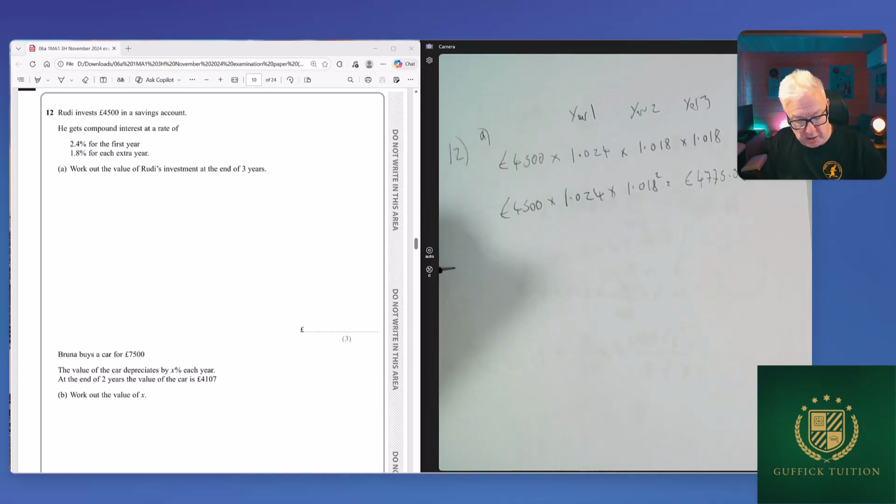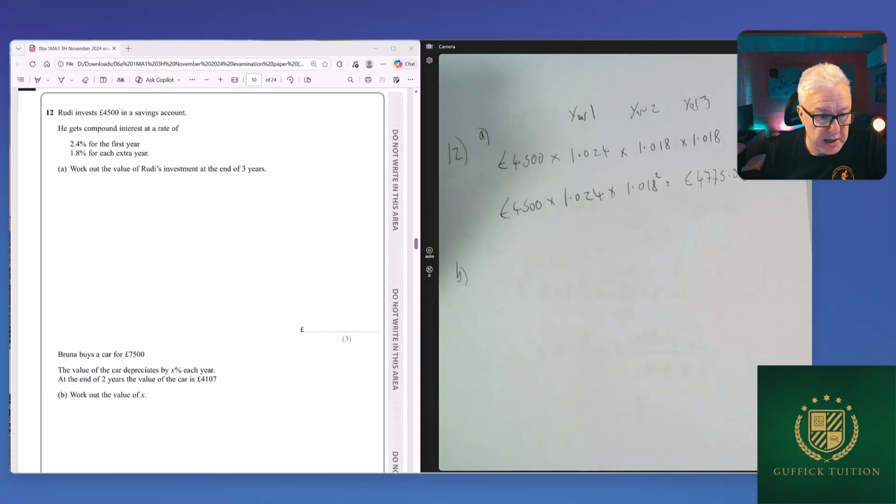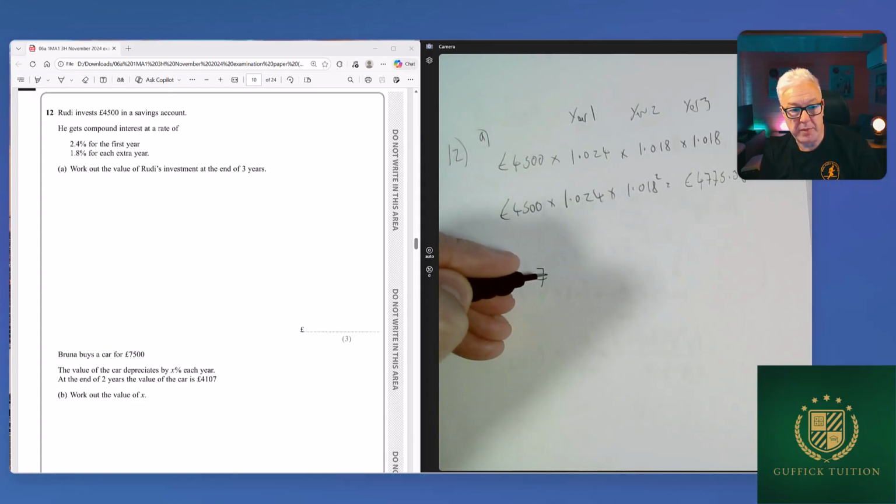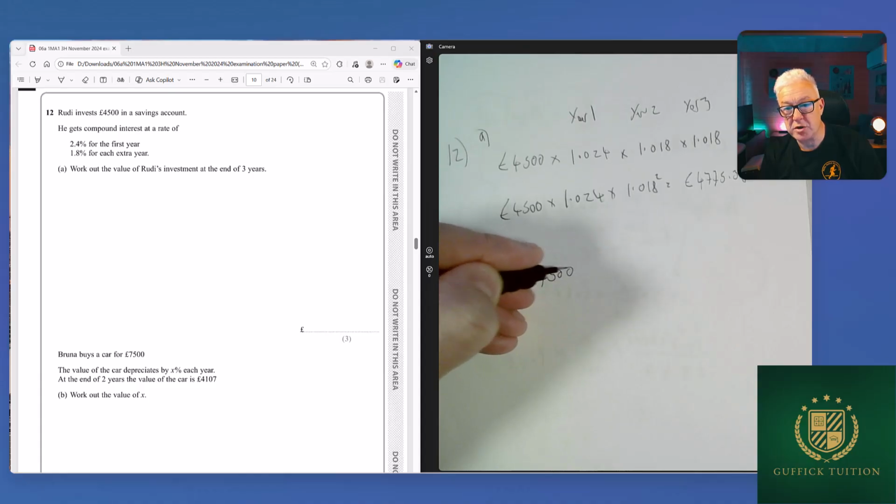Very, very good. Part B. Bruna buys a car for 7,500. The value of the car depreciates by X each year. At the end of 2 years, the value of the car is 4,107. Work out the value of X. So what we've got is Bruna buys a car for 7,500.